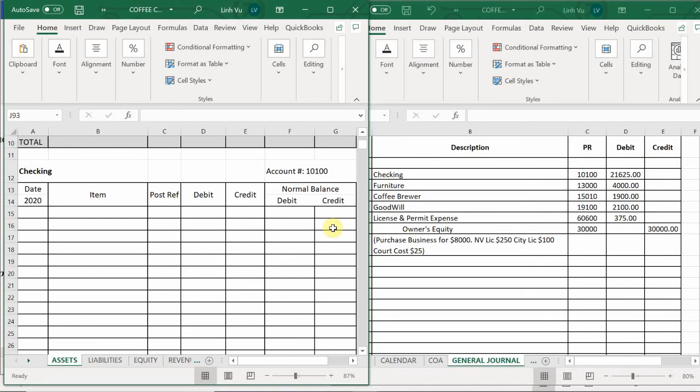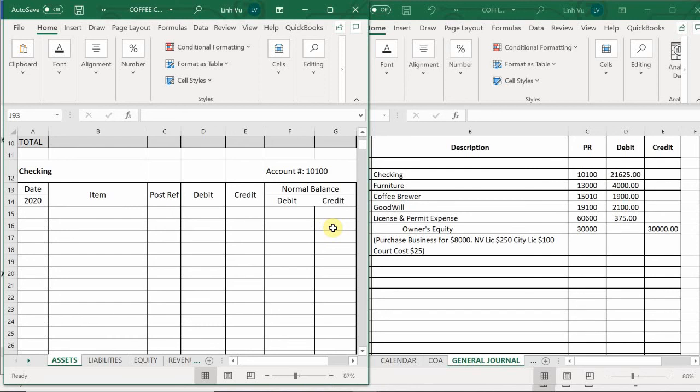The journal and the ledger are identical, right? Except for one thing: you have an account balance.